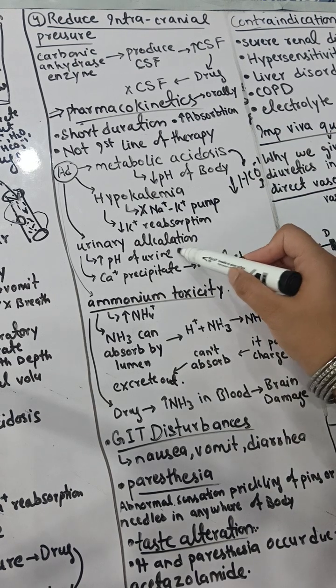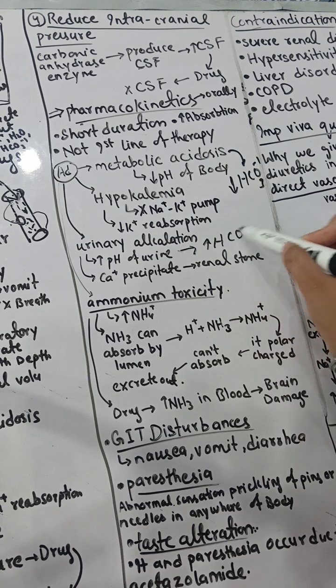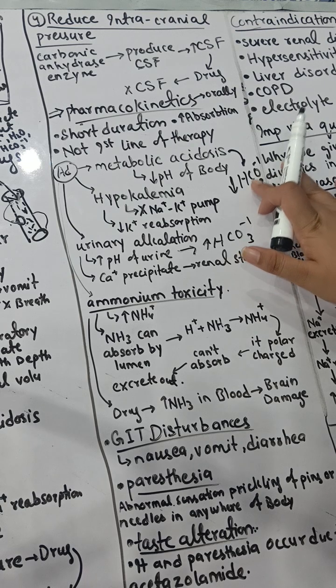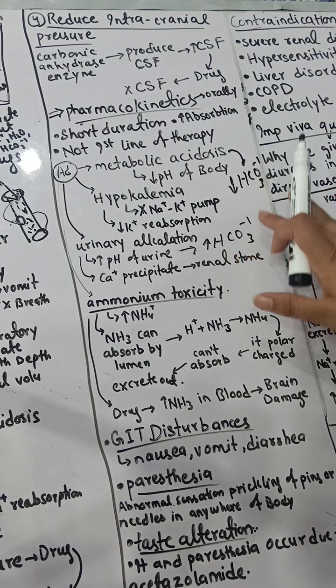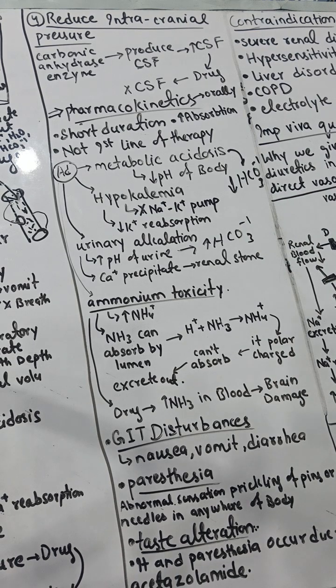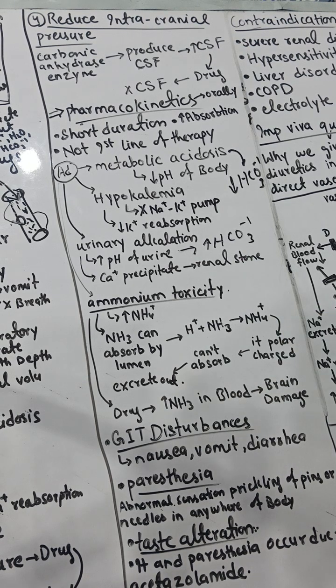But now inside your urine there is an increase in HCO3, because if the body has this low concentration, it means it is secreted out of your body. So through urine the bicarbonate ion is released. Inside the urine the bicarbonate concentration is increased. Whenever there is an increase in the bicarbonate ion concentration, there is an increase in the pH. As a result, urinary alkalinization will happen.